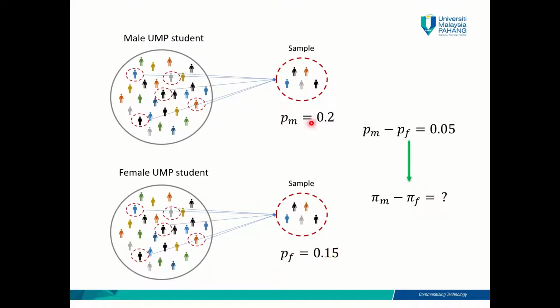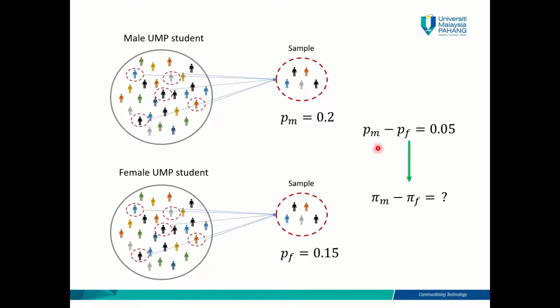By having these sample proportions, I can find the difference between the sample proportions of male and female, and I get 0.05. But this difference only represents the difference of the samples. It does not represent the difference of the populations. It can be a good representative, but it is not the exact value of the difference between the population proportions.